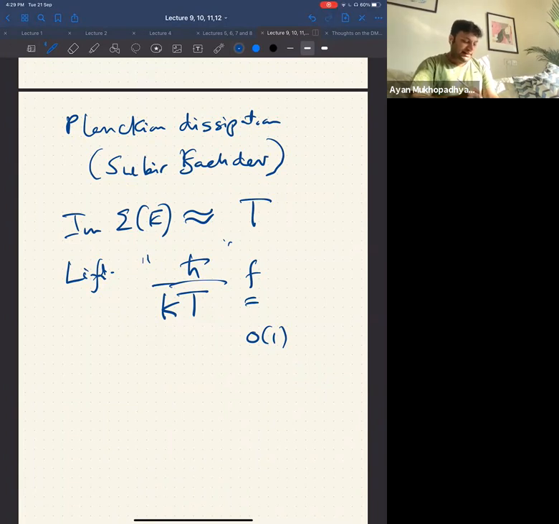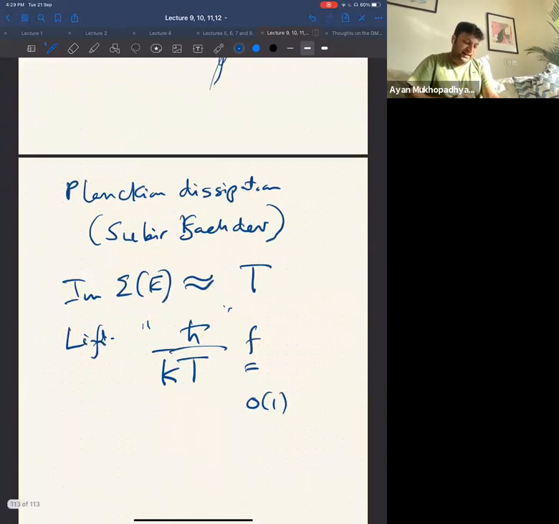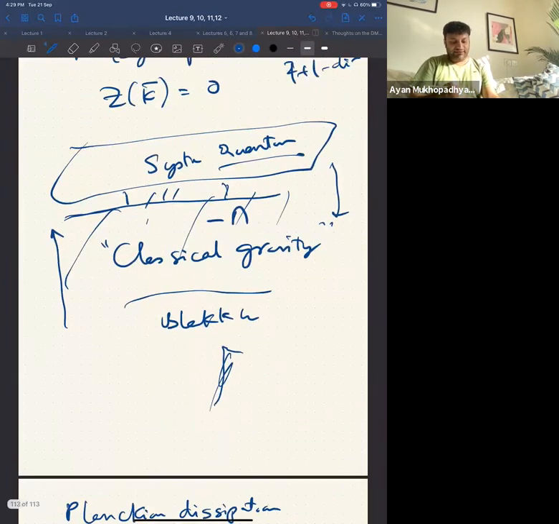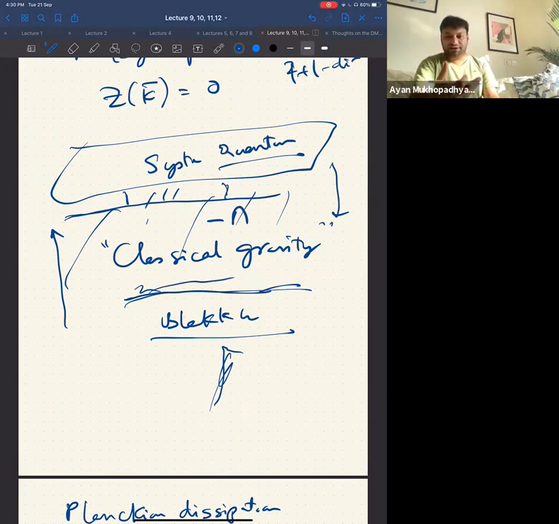But it is very interesting that this Planckian dissipation is also a very natural consequence of the classical gravity picture, because in that case, it's a black hole horizon, and there's something called the membrane paradigm in general relativity, where you can understand a lot of stuff just by looking at the near horizon behavior of the geometry. It's the horizon of the black hole that controls dissipation.